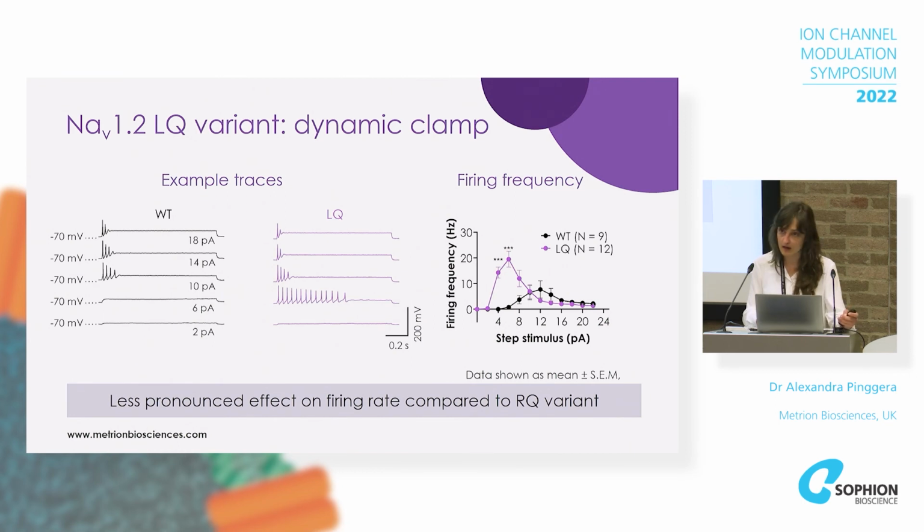And it might, in fact, allow us to dissect different severities. Also, think of a variant with a complex phenotype, let's say you have both the inactivation and the activation shifted to more hyperpolarized voltages. It's even harder to predict what it's going to do.